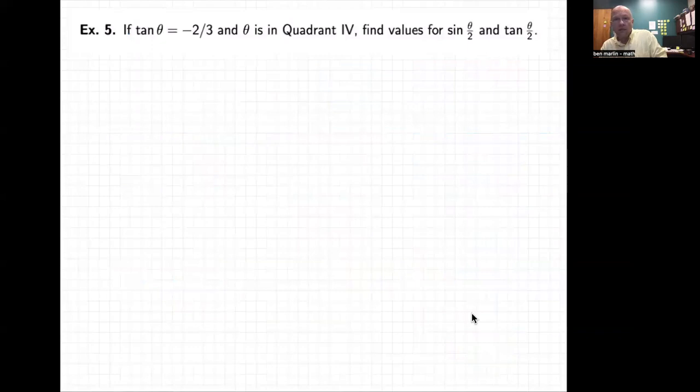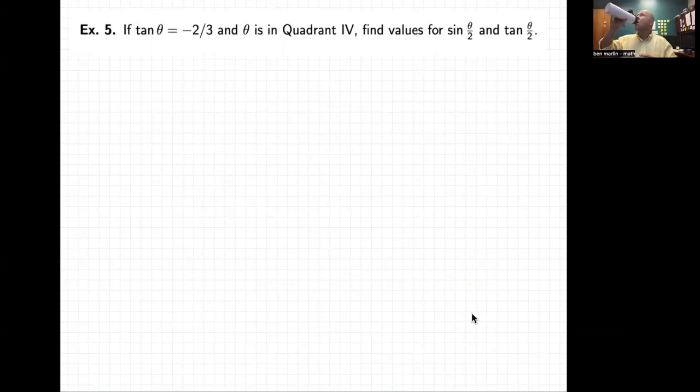So the next thing here, we're going to try to figure out sine of theta over 2 and tangent of theta over 2. Now, in doing this, we're told that tangent of theta is negative 2/3.